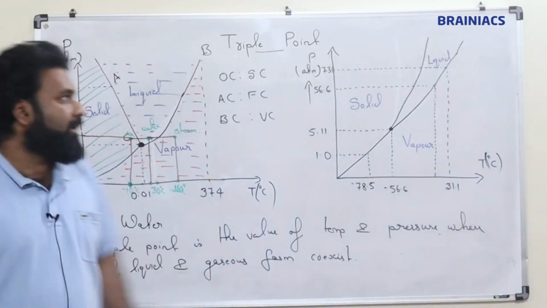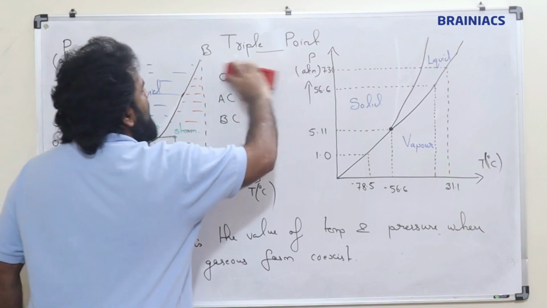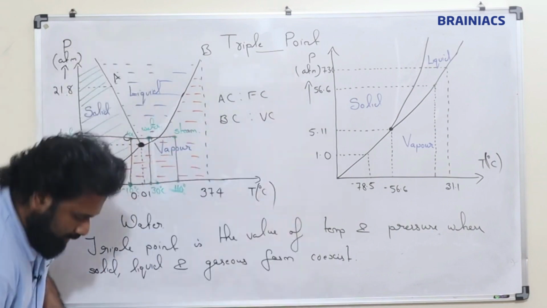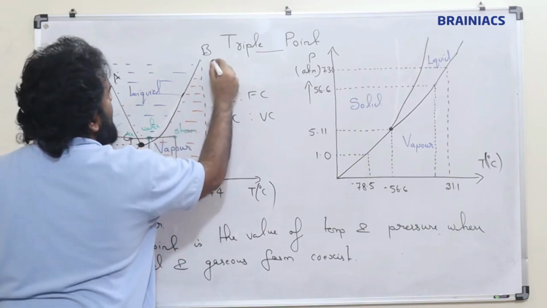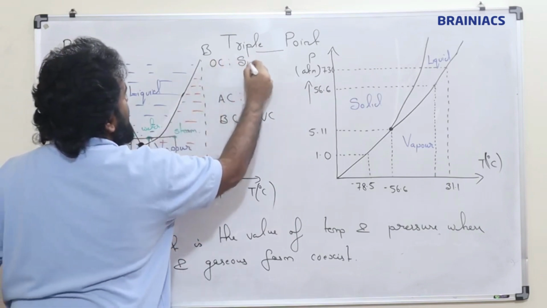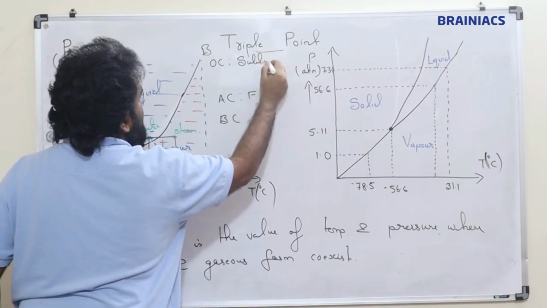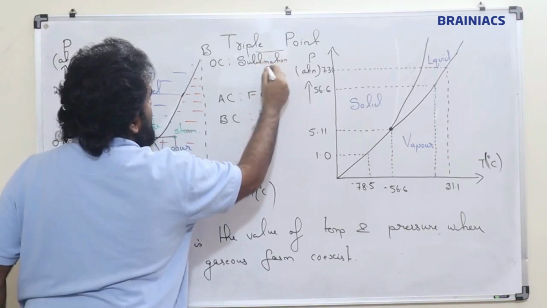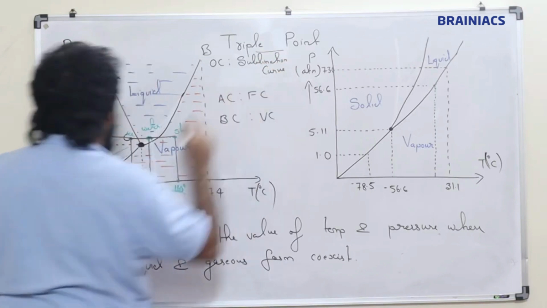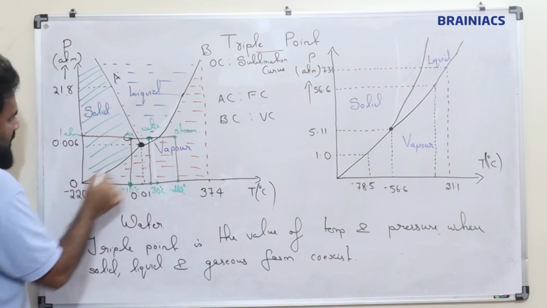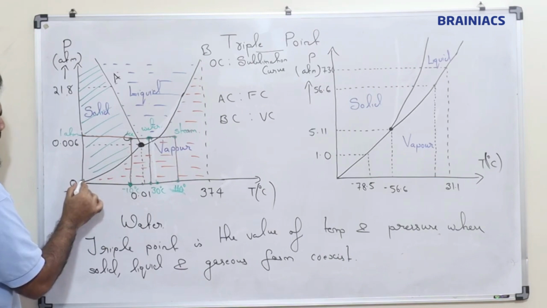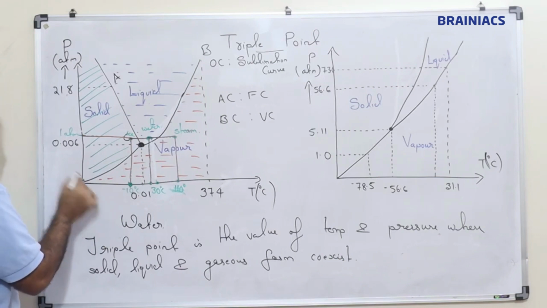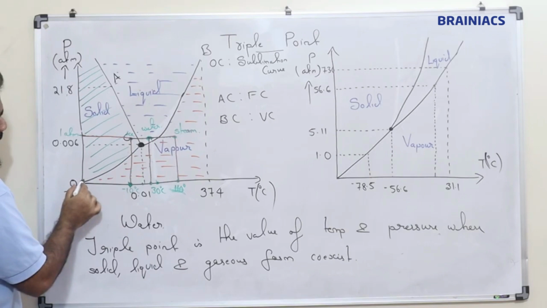So I have written here OC. This curve OC is the sublimation curve. What happens here? Suppose the pressure is very less, 0.0001, something like that.